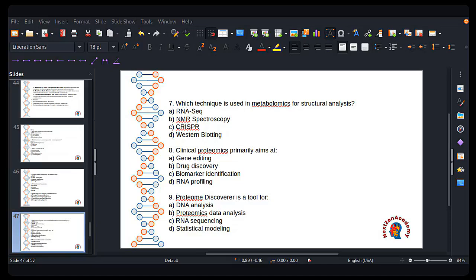Very good. Jodhpur, Rajasthan. So you guys are doing BSc Bioinformatics.